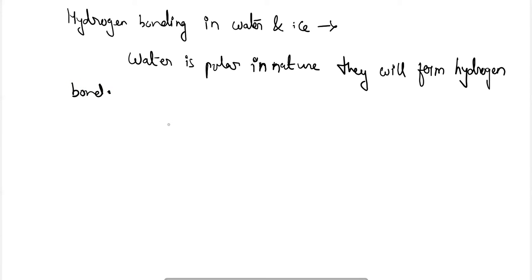The hydrogen bond for water will look something like this: delta negative on O, H with delta positive, which is connected to another. Each oxygen has bonds like this.